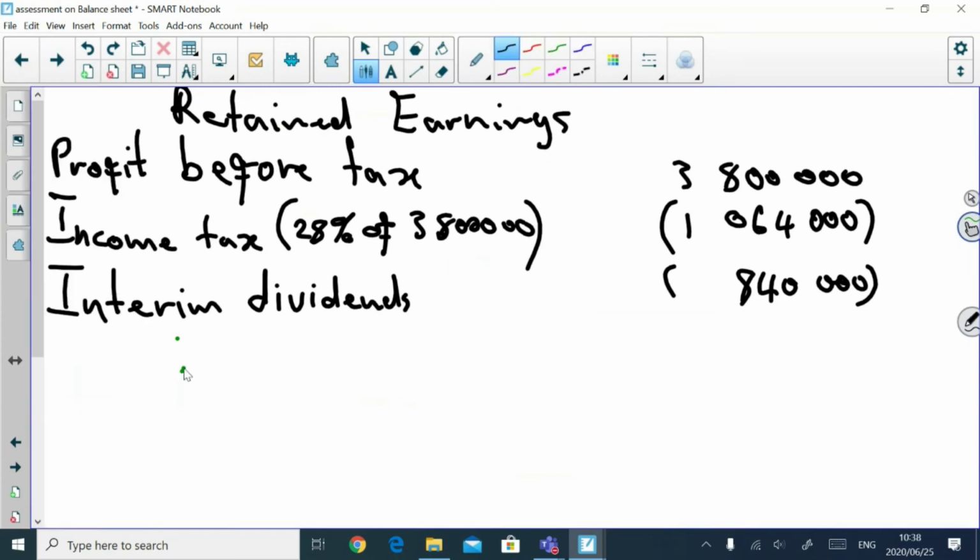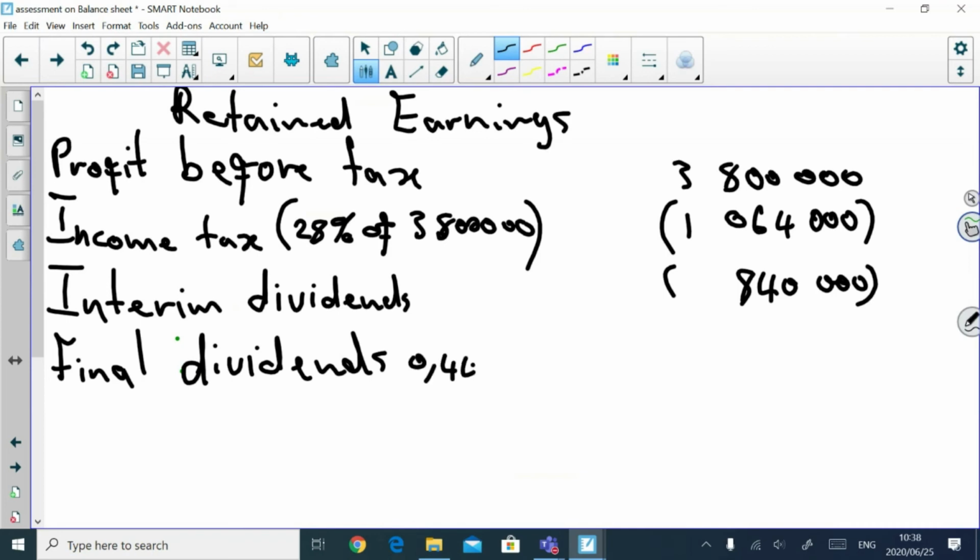So it will be our final dividends. That is your 0.44 times, they said all the shares, even the ones that were repurchased.